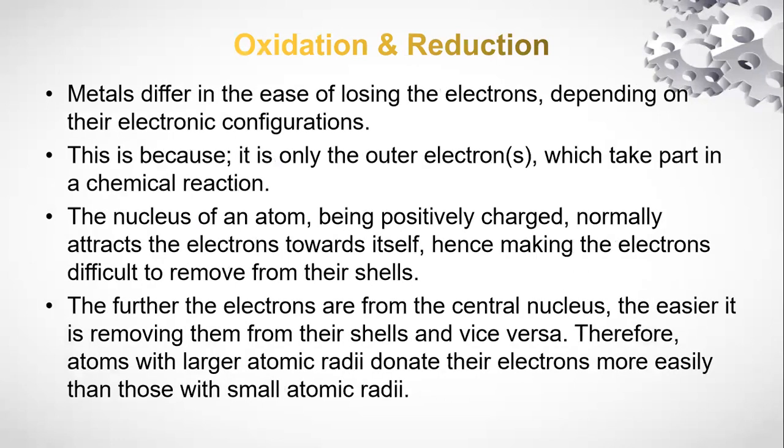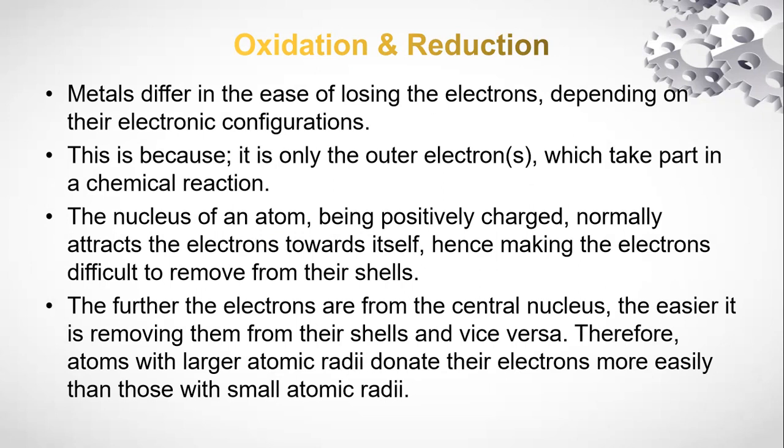Now, metals differ in their electron-losing property, that is oxidation, depending on their electronic configuration. In the past video, I hope we discussed this electronic configuration, specifically how to locate the various elements within the periodic table.